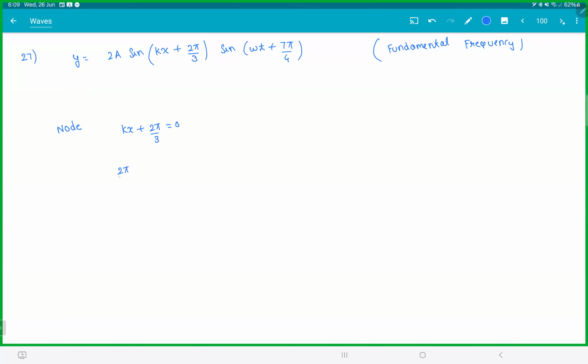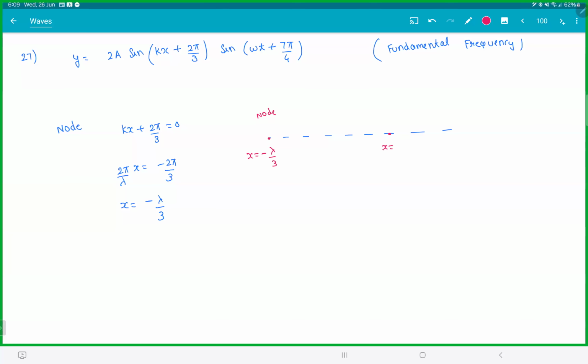We get (2π/λ)x = -2π/3, so x = -λ/3. That means on the string, you have taken the node. So this was the node. The node is at x = -λ/3.